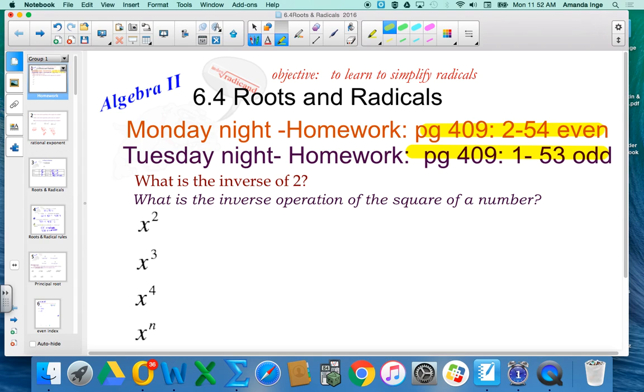My question up here says, what's the inverse of 2? Anybody? The multiplicative inverse of 2. 1/2. Right. So what's the inverse operation of the square of a number? Square root.